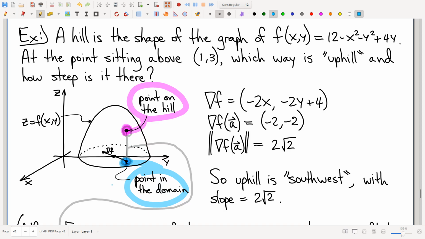And I don't think there's any actual confusion here, because what else could I have meant by the point X, Y? Does everybody see what I'm talking about, and how this is really not worth being fussy over? Now, in this example, I was careful in how I phrased this. I talked about, okay, I'm at the point sitting above 1, 3. So I specifically addressed the distinction in this example.